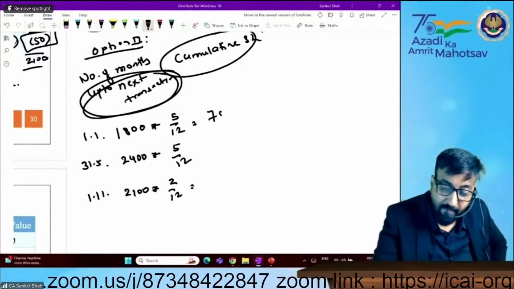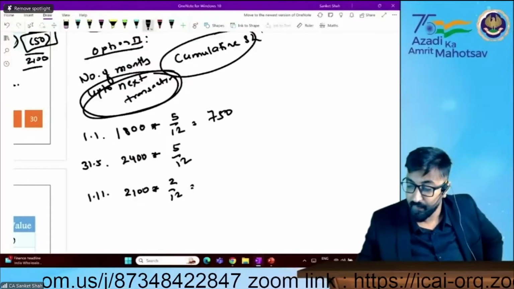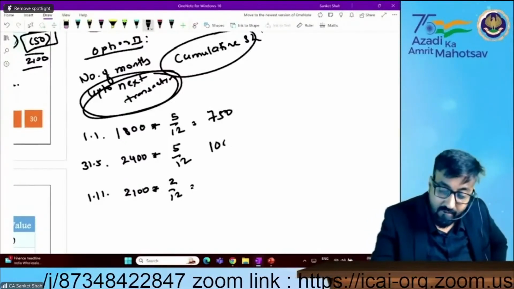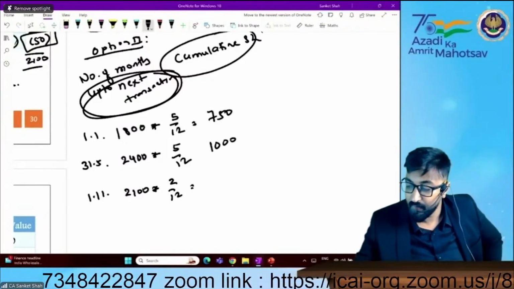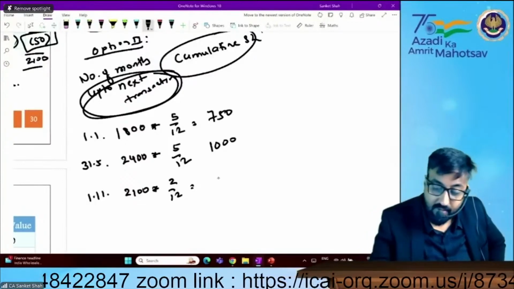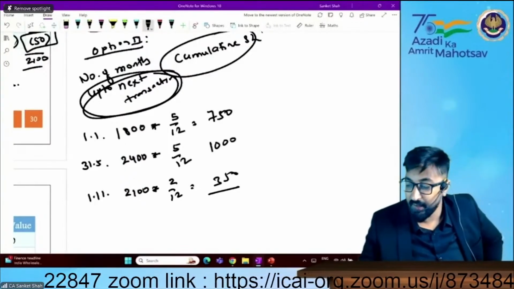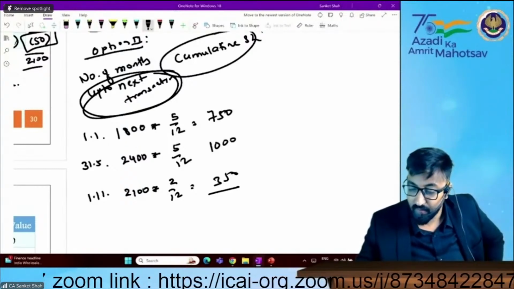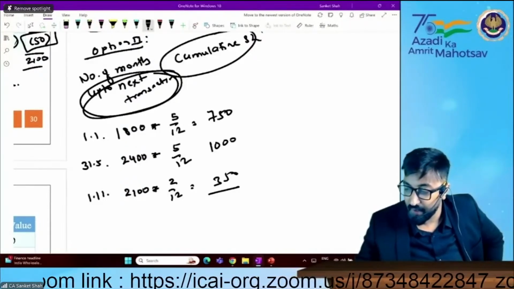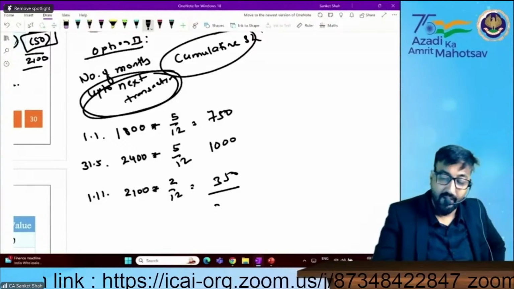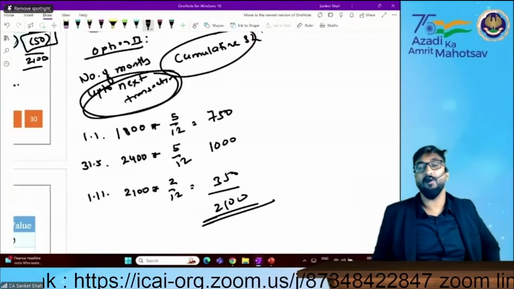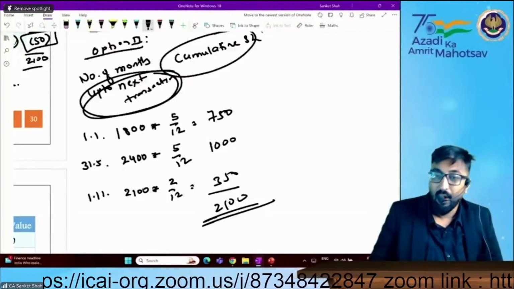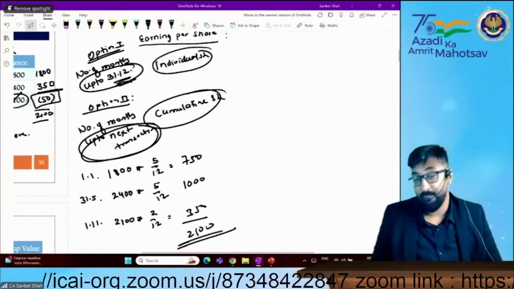See the calculation. This is 750. This is 1000. This is 350. Take the total: 750 plus 1000 plus 350. You are getting the same answer, 2100, either by the cumulative approach or the individual approach.